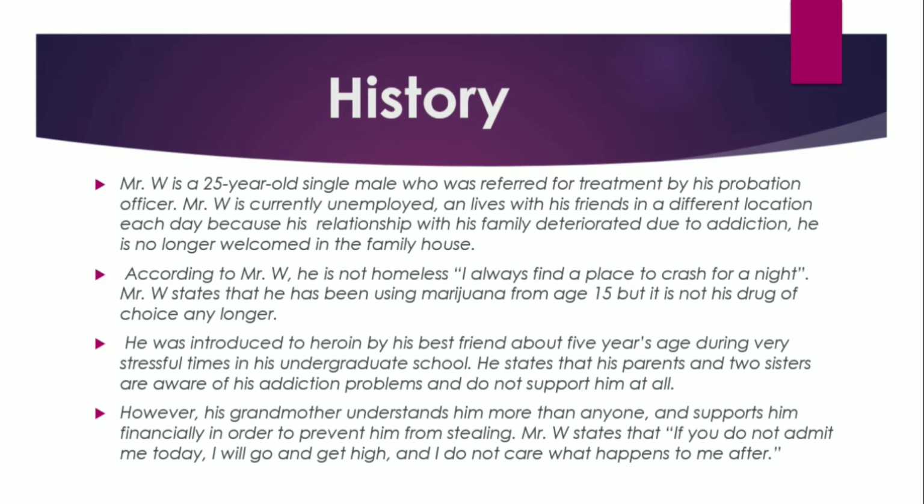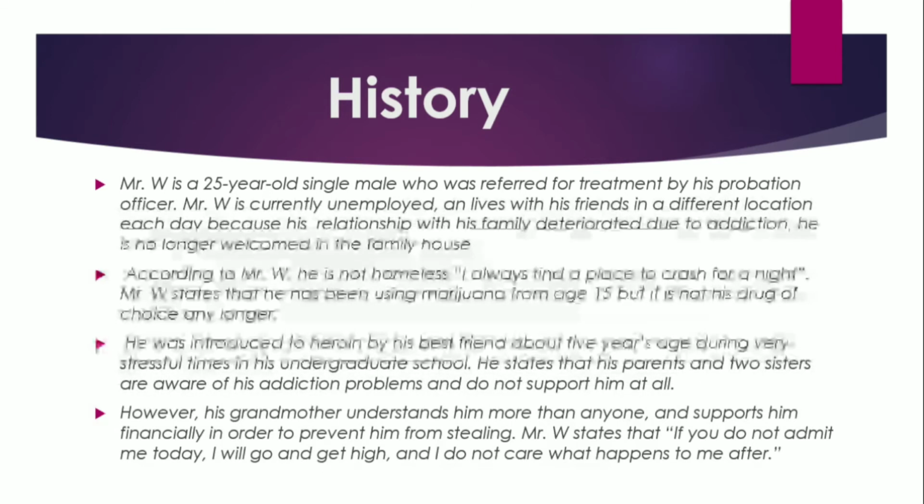Mr. W states that he has been using marijuana from age 15, but it is not his drug of choice any longer. He was introduced to heroin by his best friend about 5 years ago during a very stressful time in his undergraduate school. He states that his parents and two sisters are aware of his addiction problem and do not support him at all.